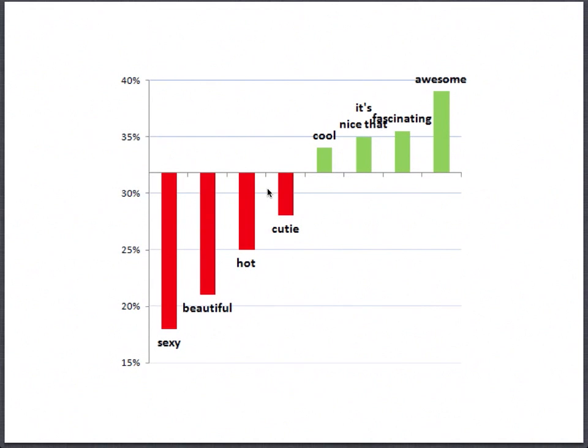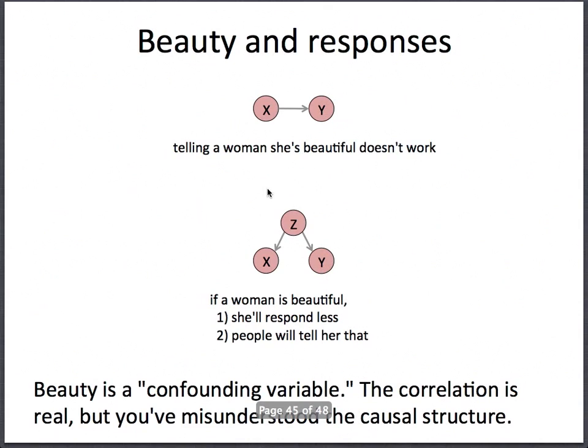Maybe hot people are being besieged by lots of notes. So we look at the data and we think it's this, but what it actually is is this, right? So this is called a confounding variable.